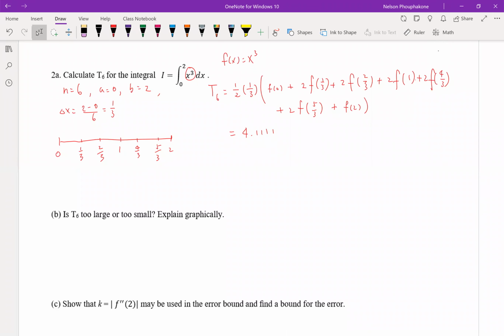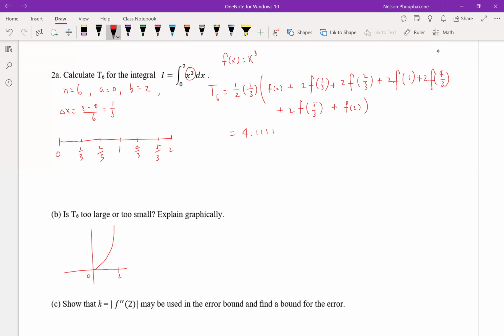Now the next problem is: is T sub 6 too large or too small? That means they would like to ask about the approximation. Is the approximation too large compared to the actual value or too small? In this case, first of all, you will see x to the power 3 between 0 and 2.